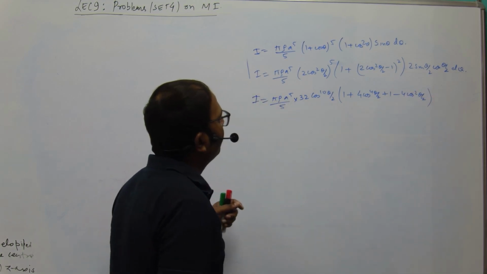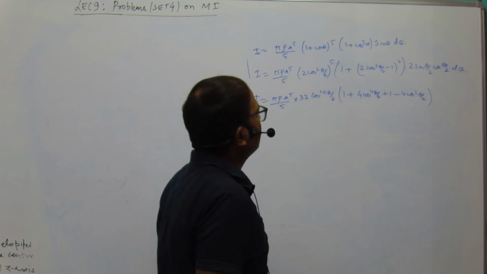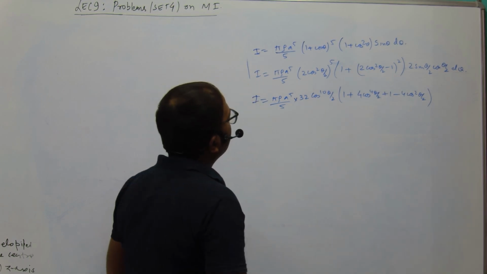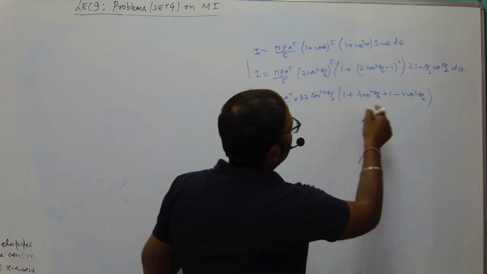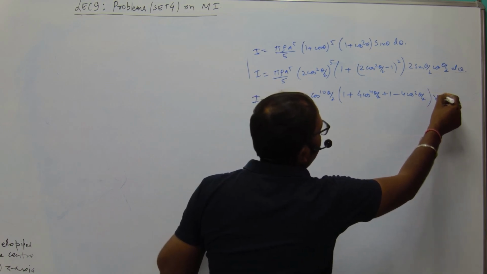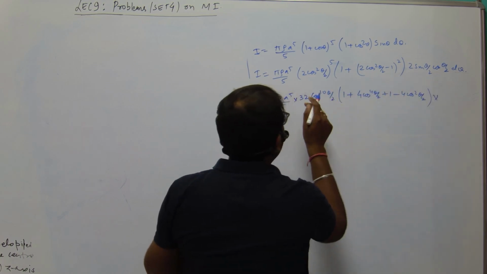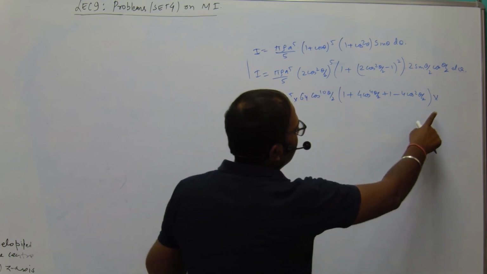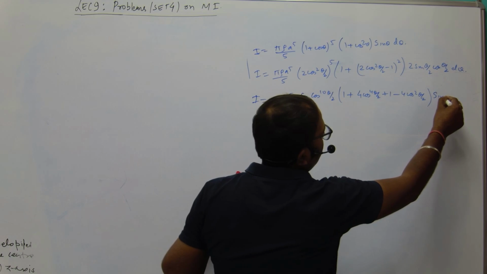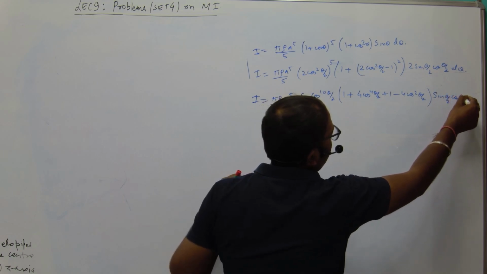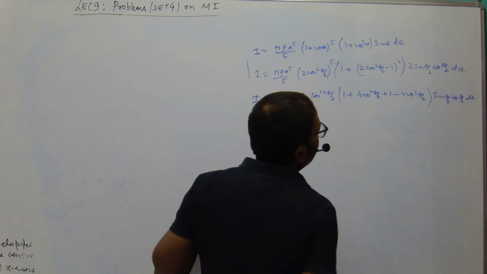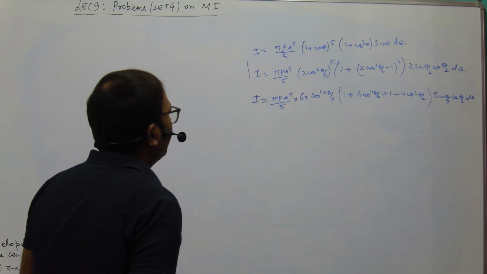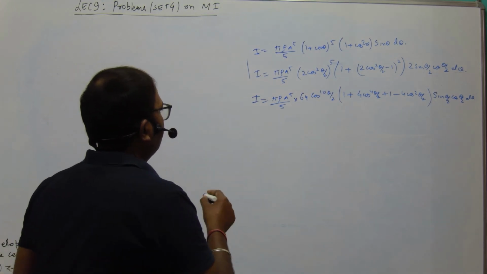Okay, (a minus b) whole square. This times into 2, so 2 we can write as 64. Okay, this is sin theta by 2 cos theta by 2, sin theta by 2 cos theta by 2 into d theta. So this we can further simplify.